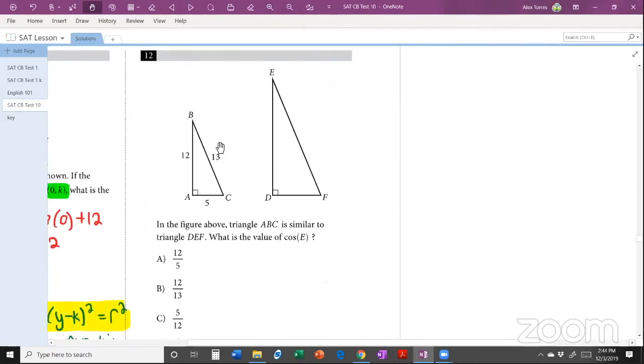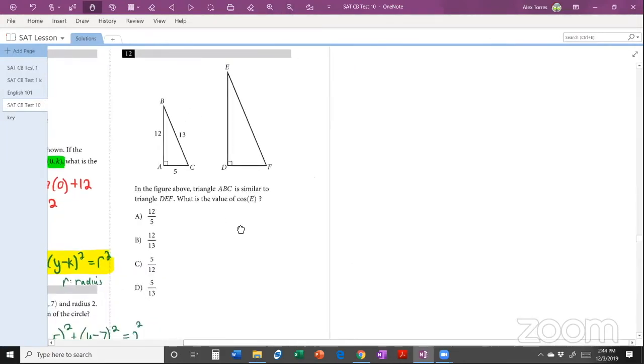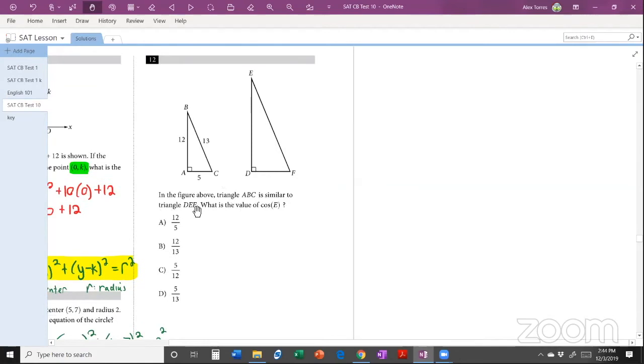Now we're going over to number 12 here. ABC is similar to DEF. What's the value of the cosine of E? Well, what does similar mean? Similar means proportional. There are corresponding parts. Similar can also be meant to say that you have the same shape, but with a different size, and that size can be found often using a scale factor.